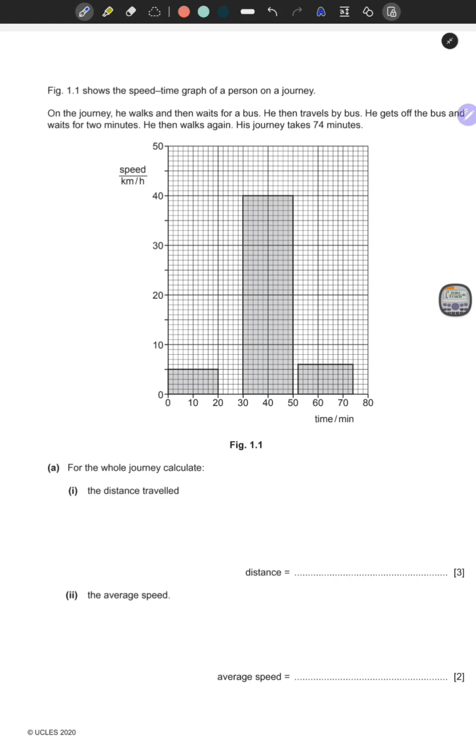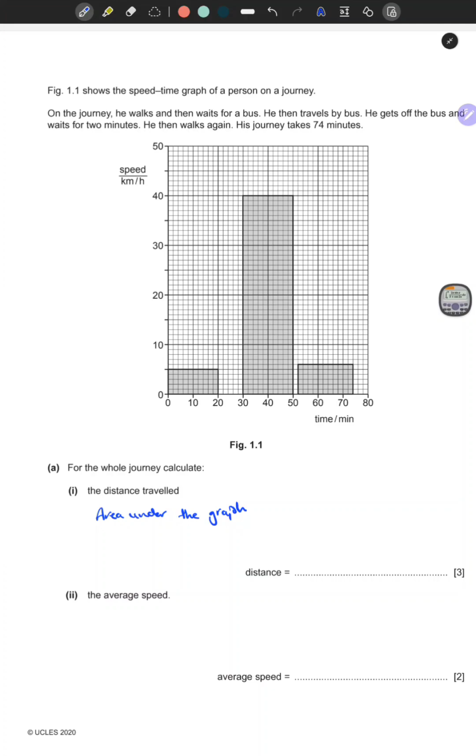So distance, let's say, is equal to area under the graph.